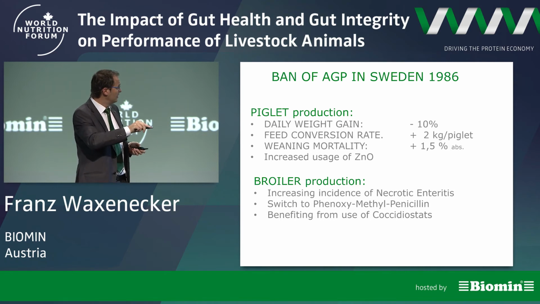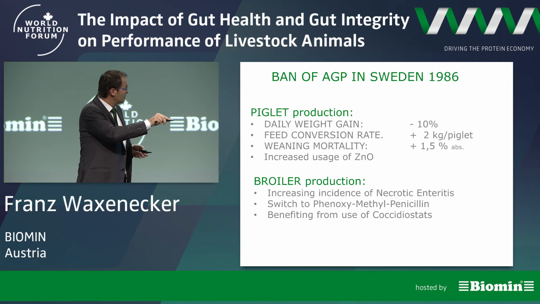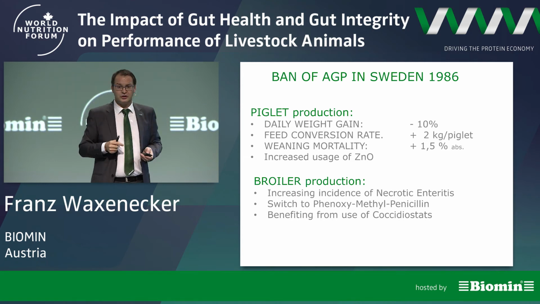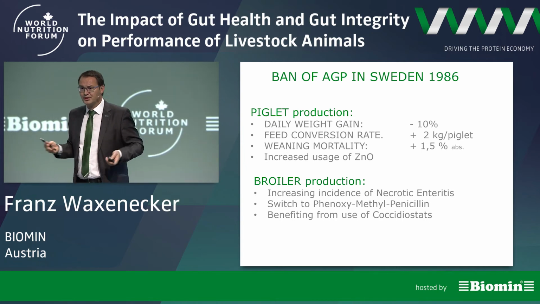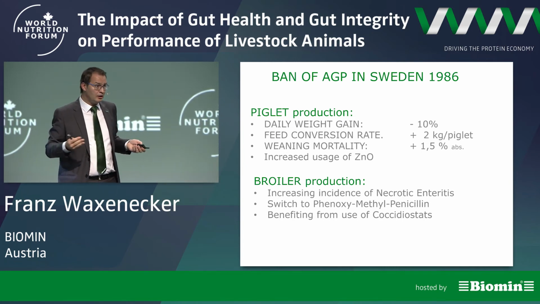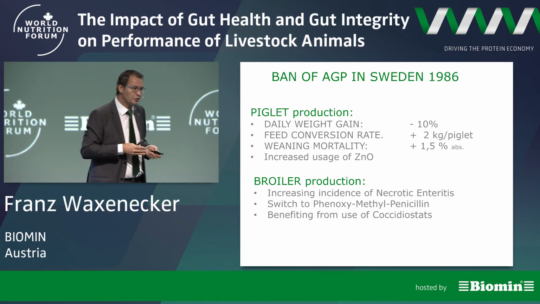In broilers, increased incidence of necrotic enteritis, switched to some other penicillins and switched to coccidiostats. What did Sweden do? Sweden jumped into the cold water without any clue about potential alternative substances to the antibiotic growth promoters.